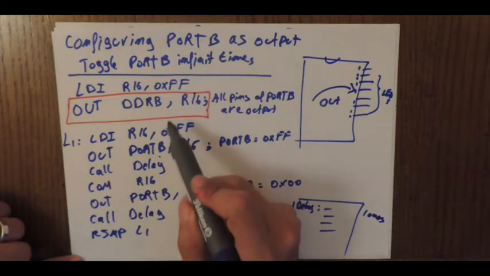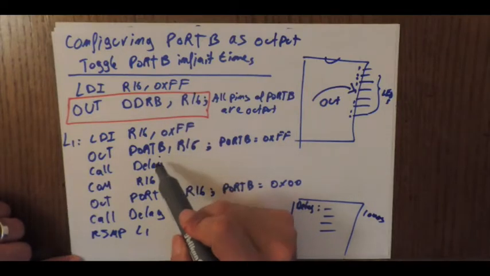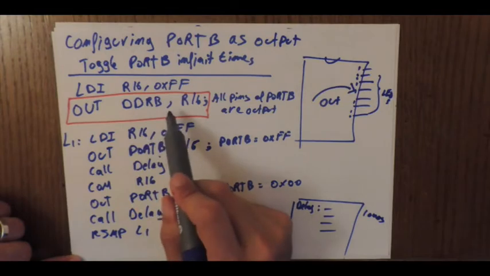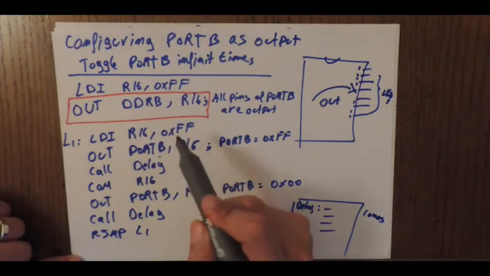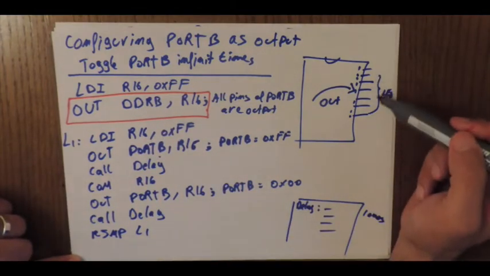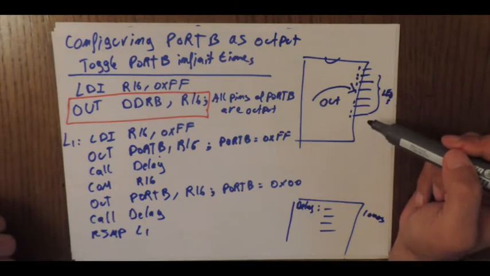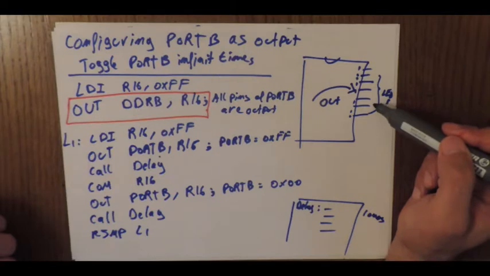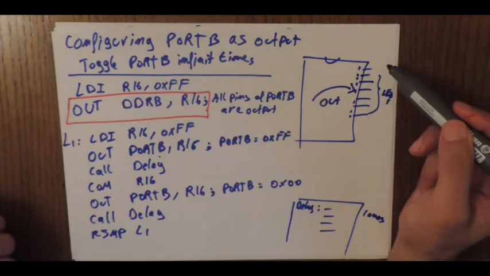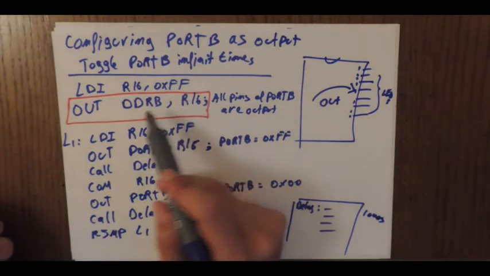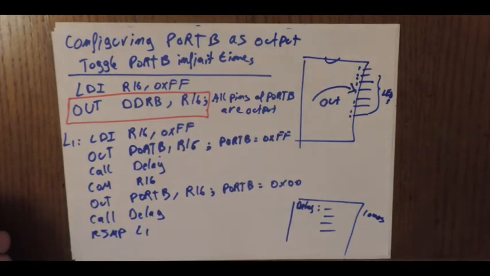Otherwise, we will not be able to place any data. And in this case, we placed the whole port, all the pins here as output, because I don't need to configure each bit by itself. I don't have one bit as an input, one bit as an output. I have all the bits as output, and this is why we placed FF on DDRB.